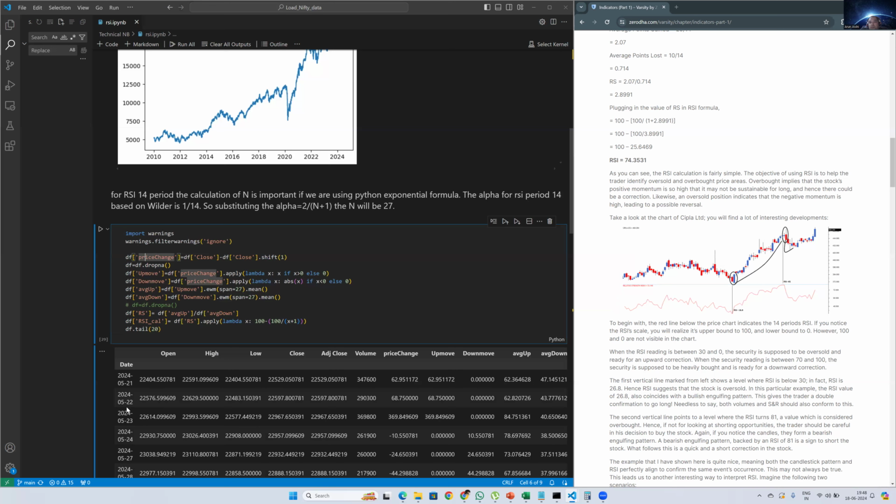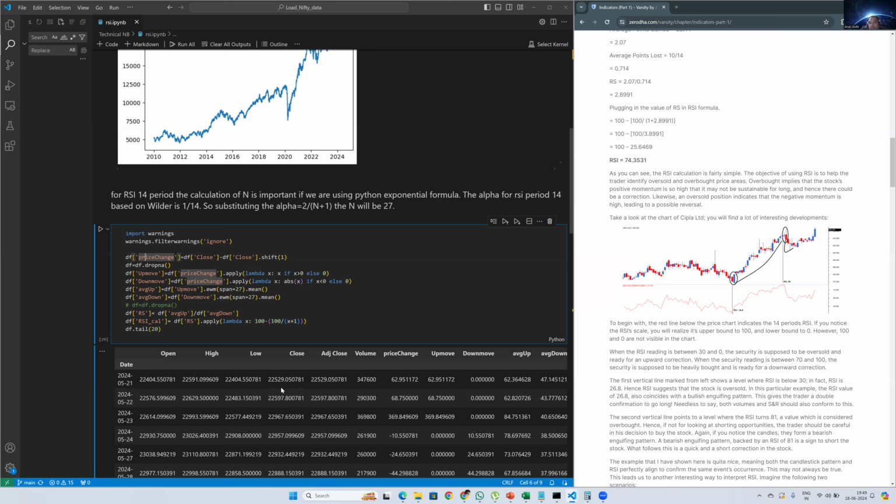So just to take an example here, for 22 May 2024, the closing price was 22597, and before this the price was 22529, right?